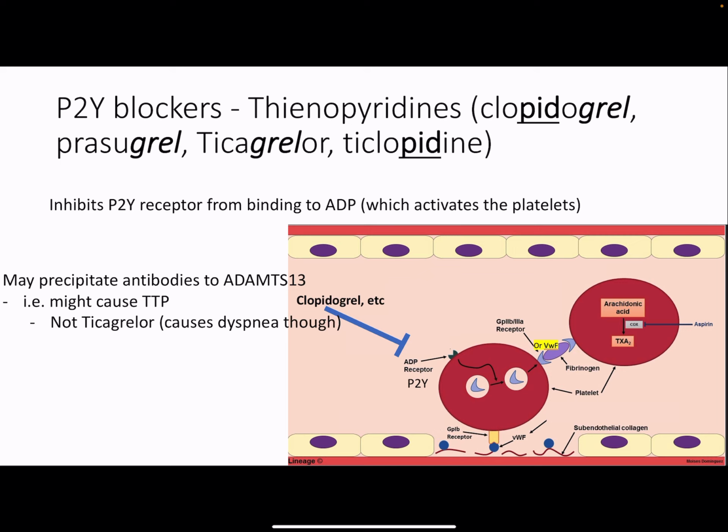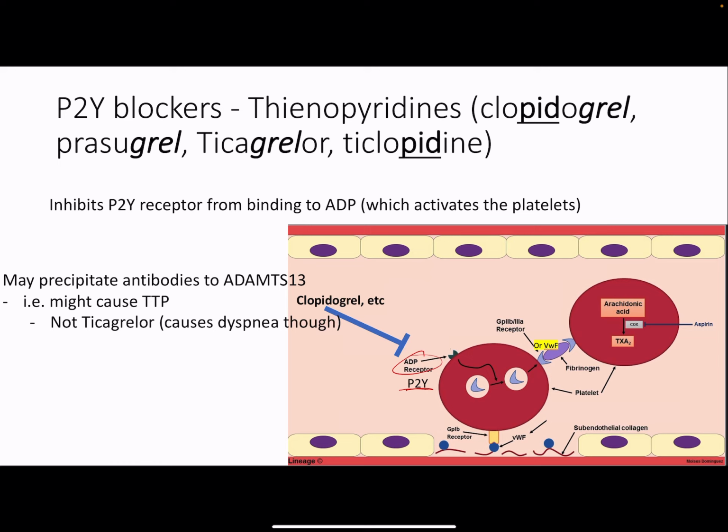All right, so our P2Y blockers. Remember the ADP receptor is P2Y, and binding to ADP can cause cAMP levels to go down, which causes secretion and activation of GP2 and GP3, et cetera. So if we don't want any of this to happen, we can go ahead and block the binding via these 4 various medications.